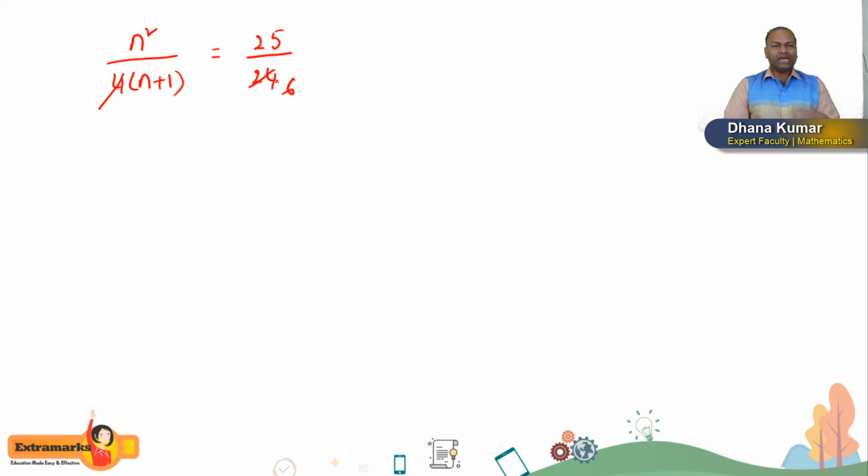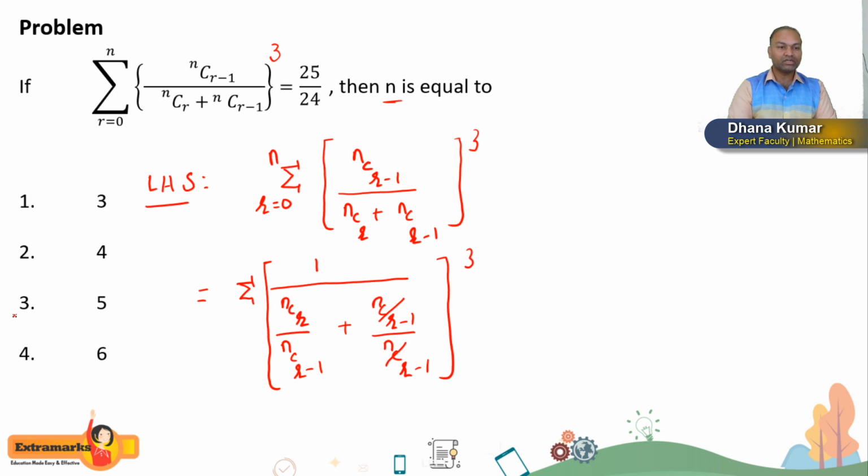Right. Here no need to do cross multiplication, then quadratic roots. No need. Just by observation only. If you take n is equal to 5, does the equation satisfy or not, cross check it. n square, 5 square, 25, 5 plus 1, 6. Satisfies or not? Right, satisfies. So, which option is correct? Third option is correct.